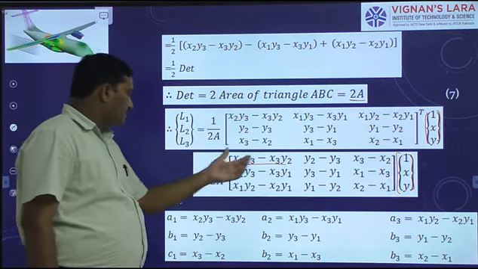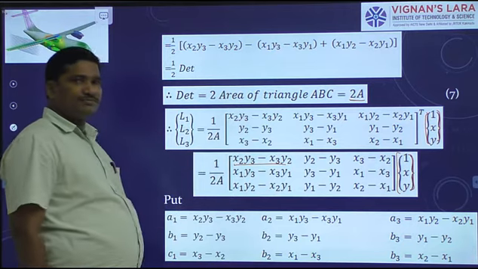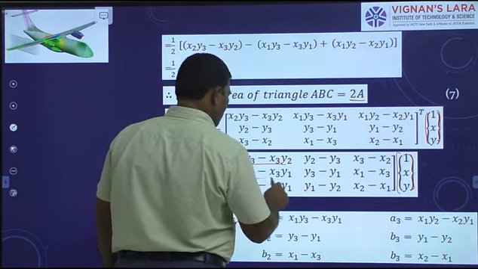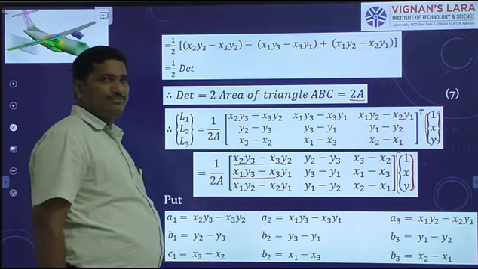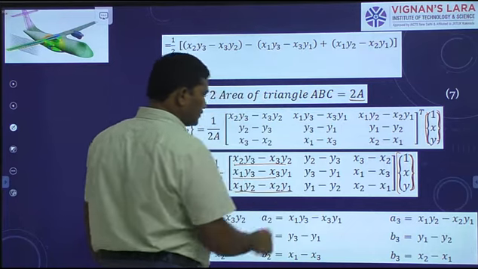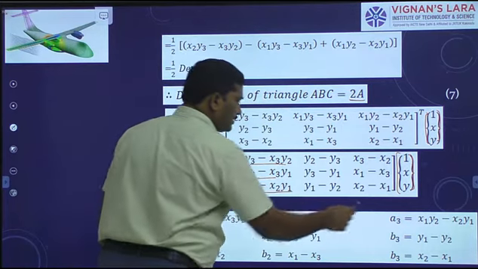In place of this, I put say a1. Next a2, x1, y3 minus x3, y1. Similarly, in place of x1, y2 minus x2, y1, I put a3.